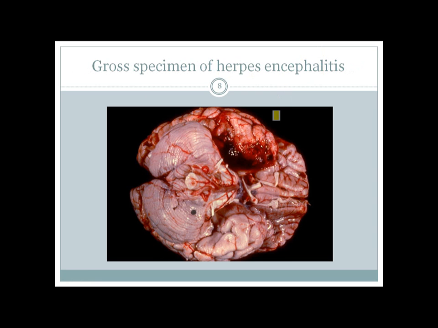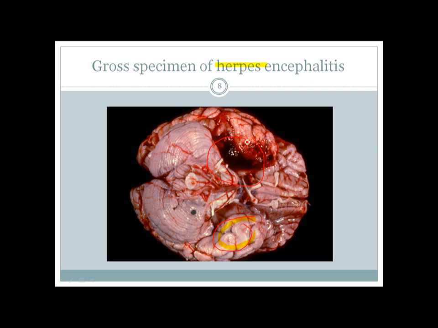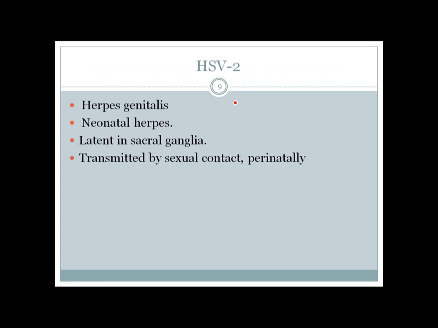And here you have another patient with the same right-sided temporal lobe encephalitis due to herpes simplex type 1. You can compare, this is the left temporal lobe, and this is the right temporal lobe, and especially the temporal pole and part of the temporal lobe is destroyed, and there is bleeding inside it, and this occurs due to herpes encephalitis.